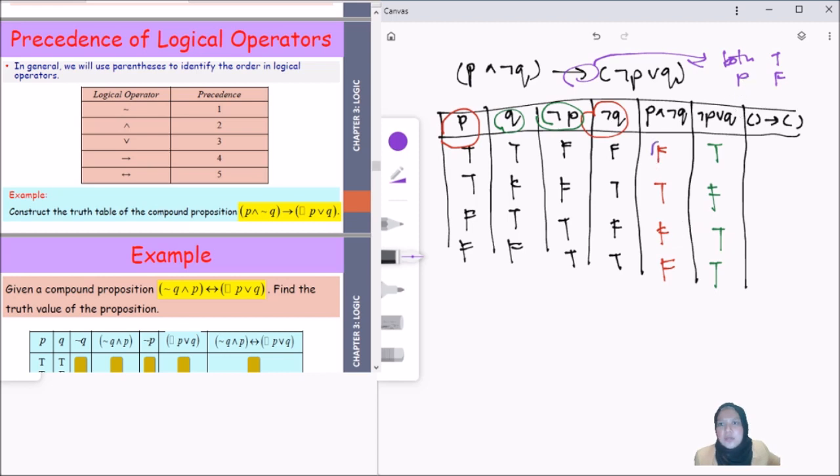So we have here false, false, and false. So the truth table is going to be true, true, true, and here is false. Alright? So done. This is the truth table for the compound proposition here. Okay?